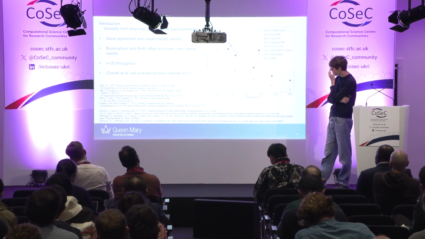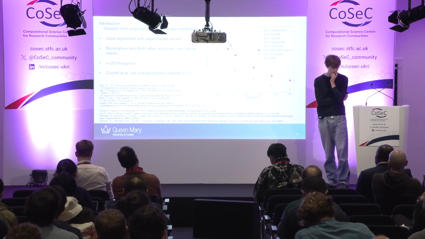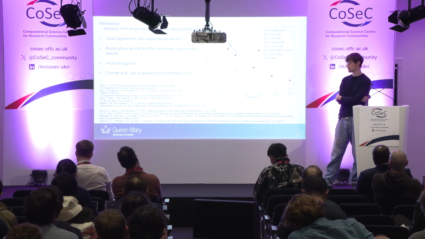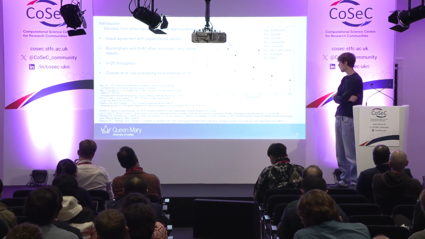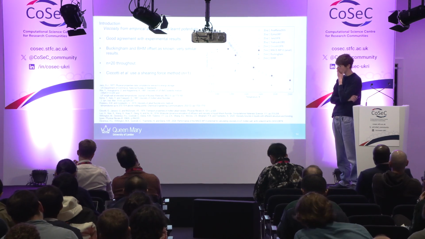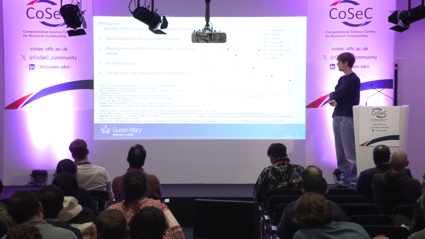We find that the MACE model is able to reobtain these experimental values a lot better than the existing empirical models. The polarizable models are also relatively good, but again, I don't have the data to show for those at the moment.